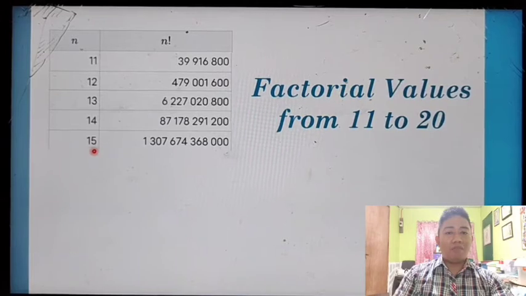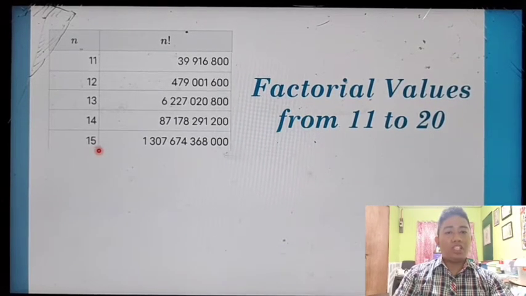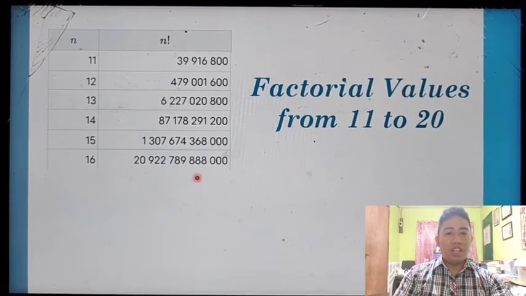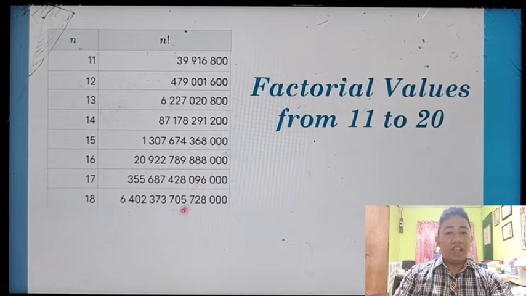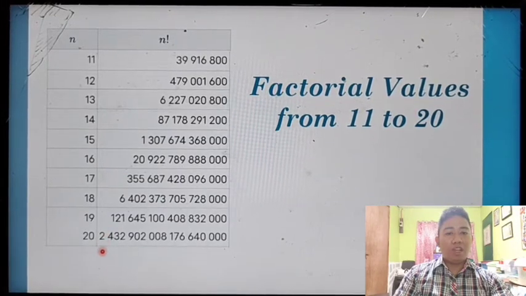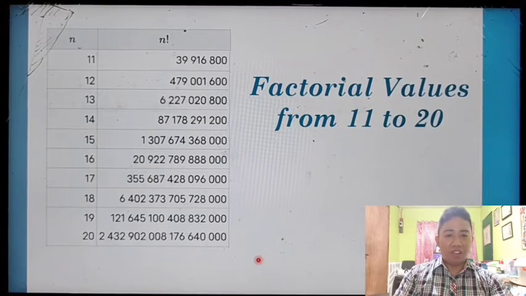And of course, 15 factorial, which has already reached the trillions place. Okay, so 16, 17, 18 factorial has reached a quadrillion. 19 factorial and 20 factorial reach the quadrillions place value.